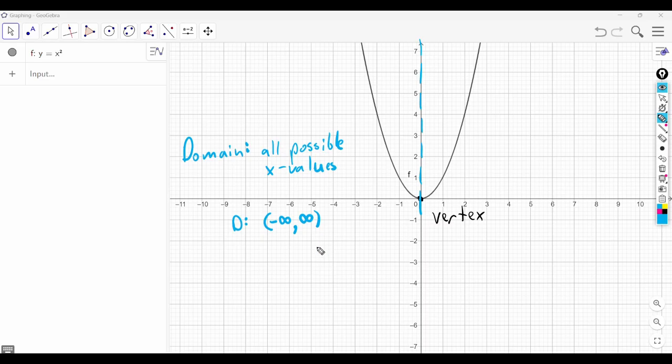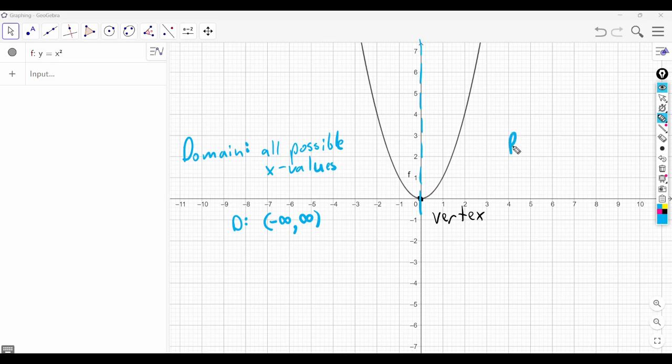You use the square bracket if x could actually be the number on the right, but nothing can ever actually be infinity. You can just go toward infinity, get bigger and bigger, or go toward minus infinity, get smaller and smaller, but you never actually get there. So that's the case for round brackets. We'll see an example of square brackets soon when we talk about the range.